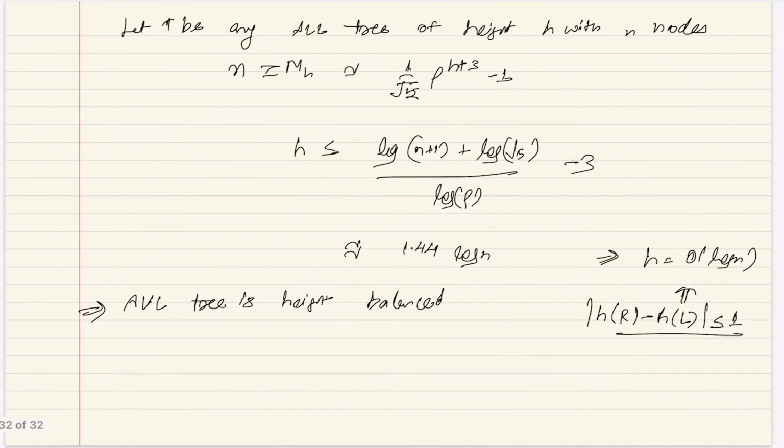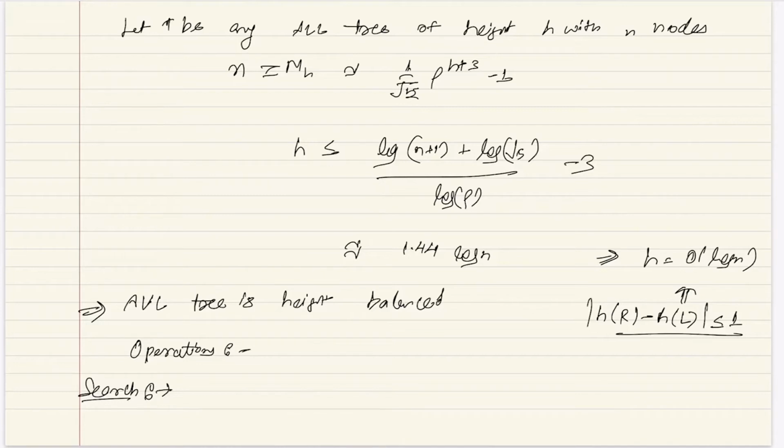So now what are the operations? So we can talk about, say, the search operation. Now let's talk about the operations. Let's say search. Now what will happen in search? If you think about search, you don't change any node, you don't bring in any node.